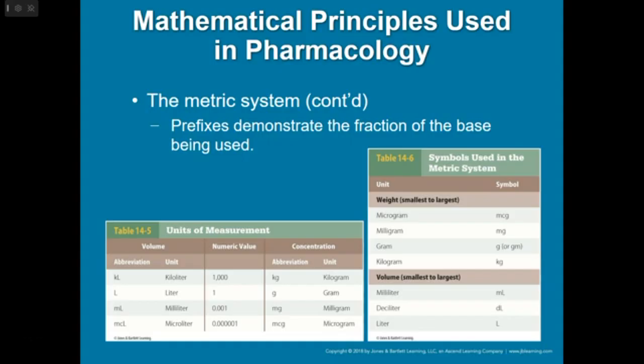A milliliter would be 1/1000th of a liter, and a microliter would be 1/1,000,000th of a liter. Grams, same thing there on the right of table 14-5. And then 14-6 there. We use a lot of micrograms. Milligrams also gives you the symbol that you're going to use whenever you abbreviate those.